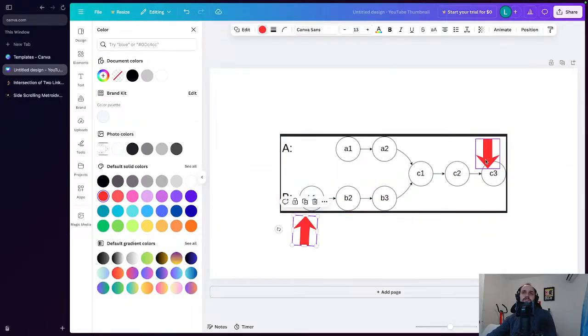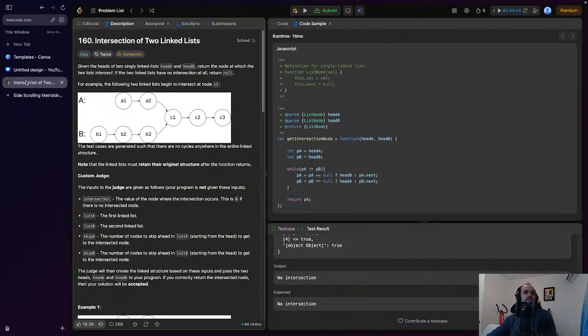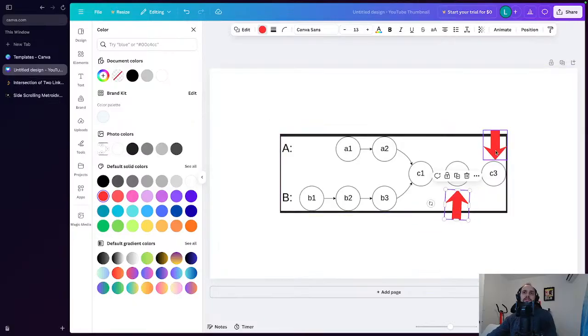I'm so confused. Okay, so one iteration, another iteration, another iteration, another iteration. And then this one points to null for a little bit. This one points here.